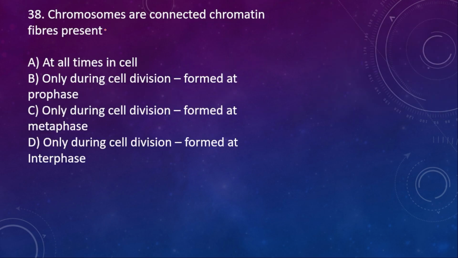Next, 38. Chromosomes are connected, chromatin fibers are present. Option A, at all times in the cell. B, only during cell division, formed at prophase. C, only during cell division, formed at metaphase.